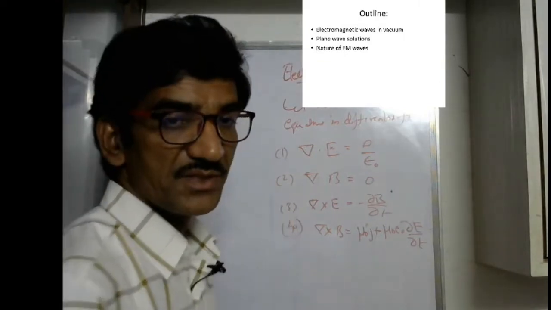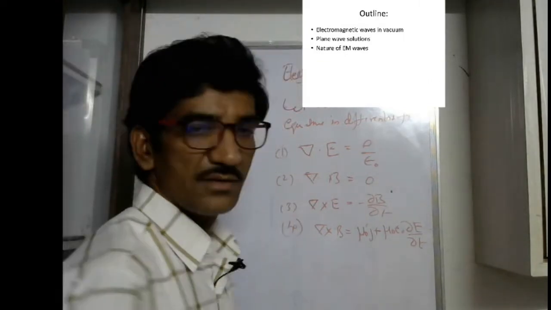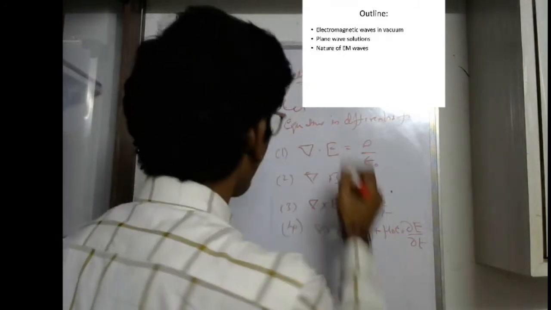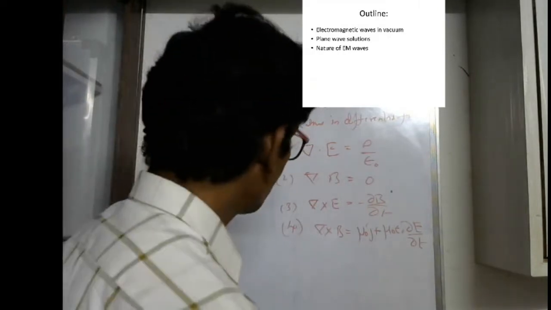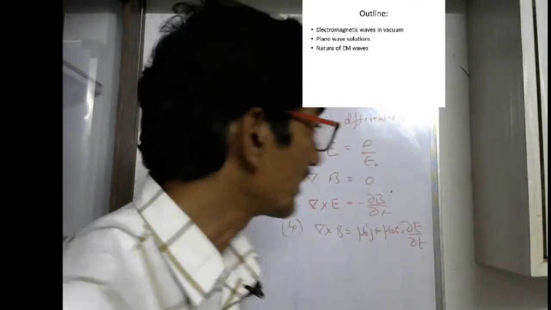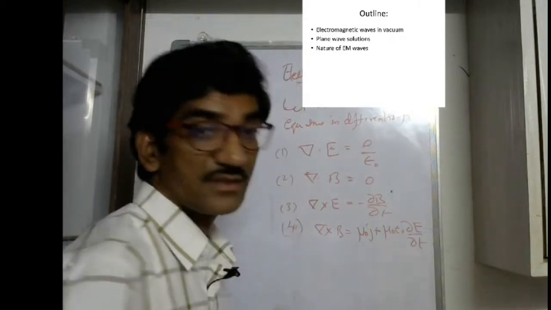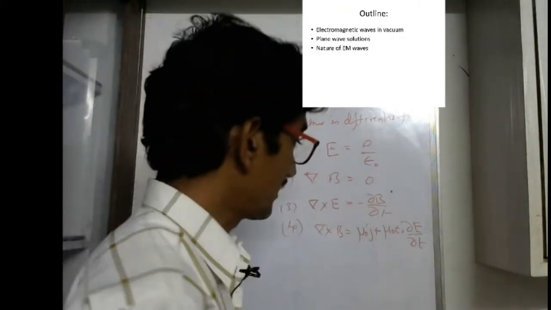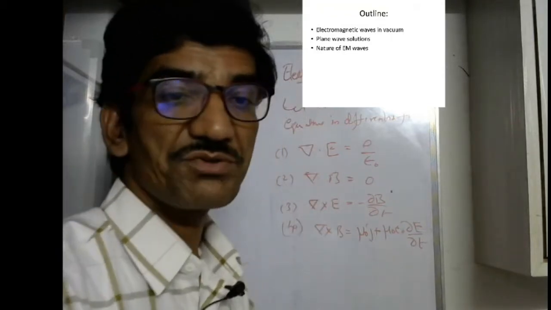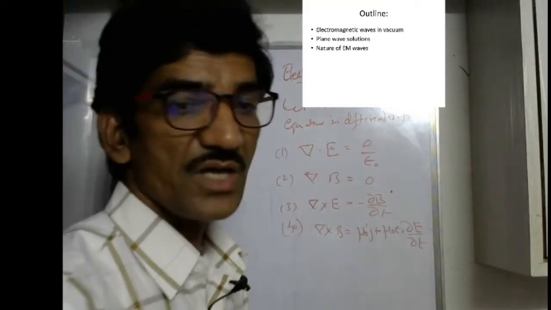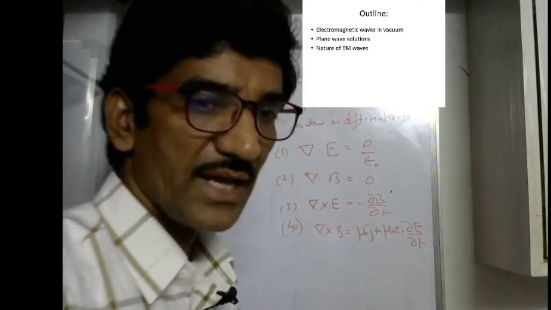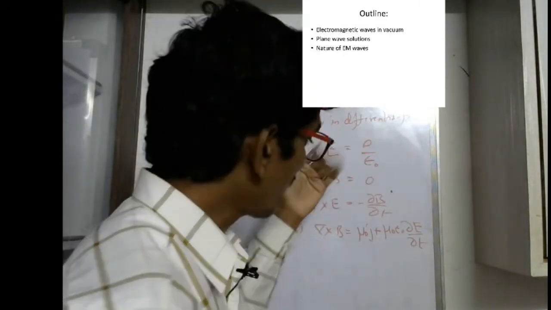Starting from these Maxwell's equations in differential form, let us try to derive the wave equation. We are using all four equations, but here we are considering somewhat simplified versions. First of all, the electromagnetic waves we are deriving now are waves propagating in vacuum. In vacuum you don't have any charges or currents.